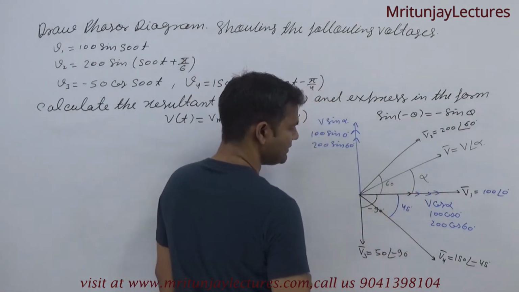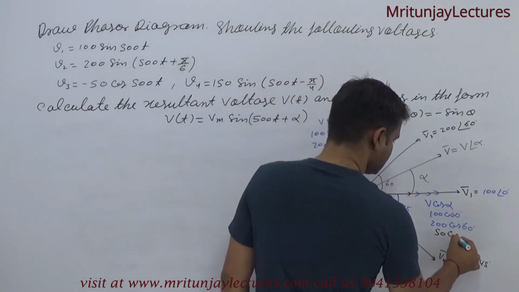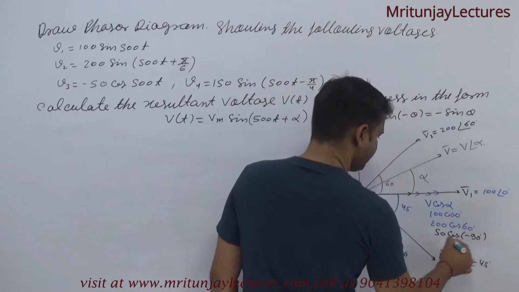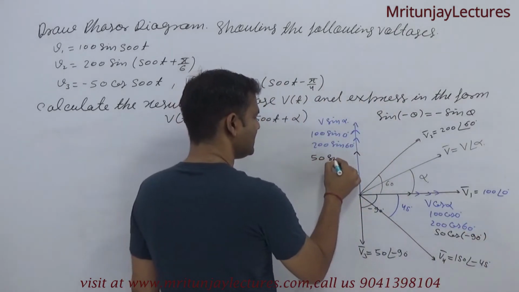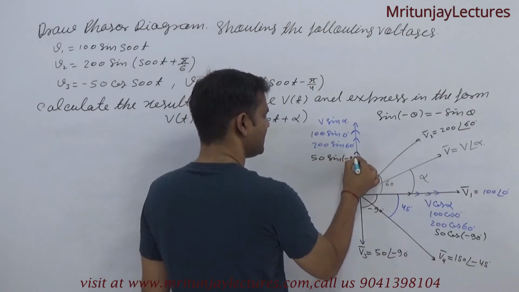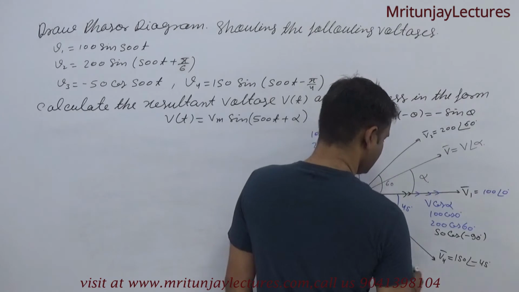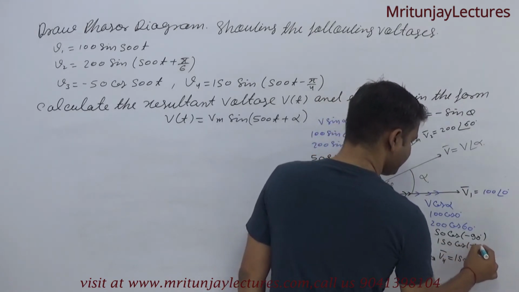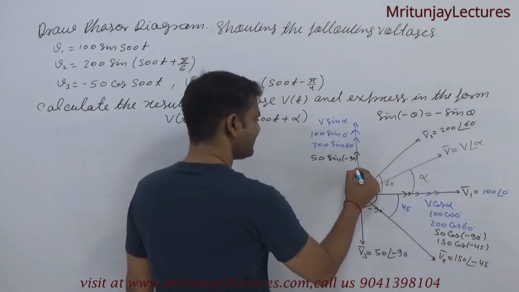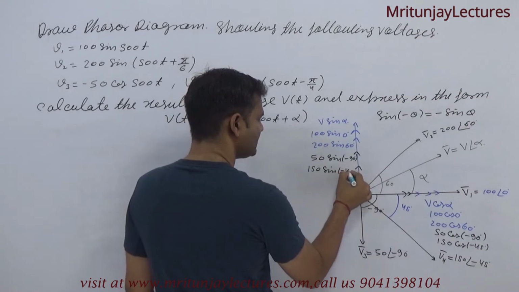V3 is 50 cos minus 90 degrees and 50 sin minus 90 degrees. Now next, V4 is 150 cos 45 degrees, and 150 sin minus 45 degrees.